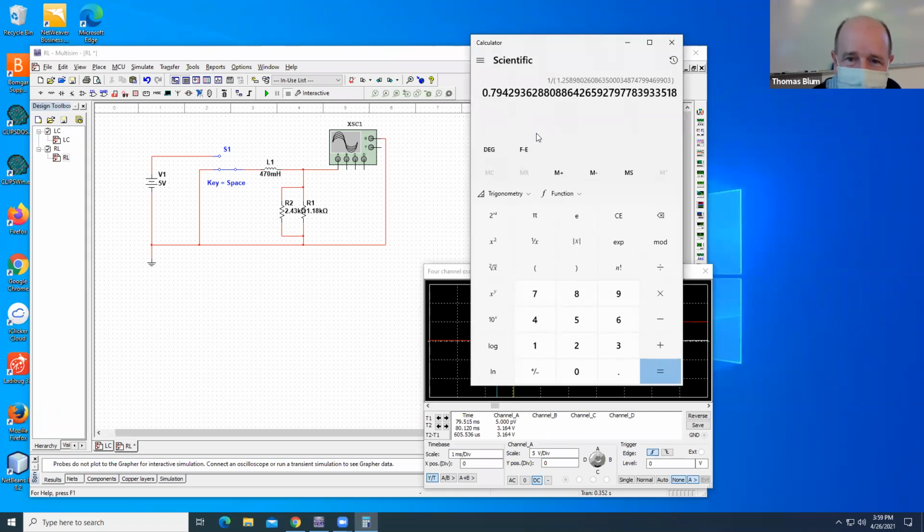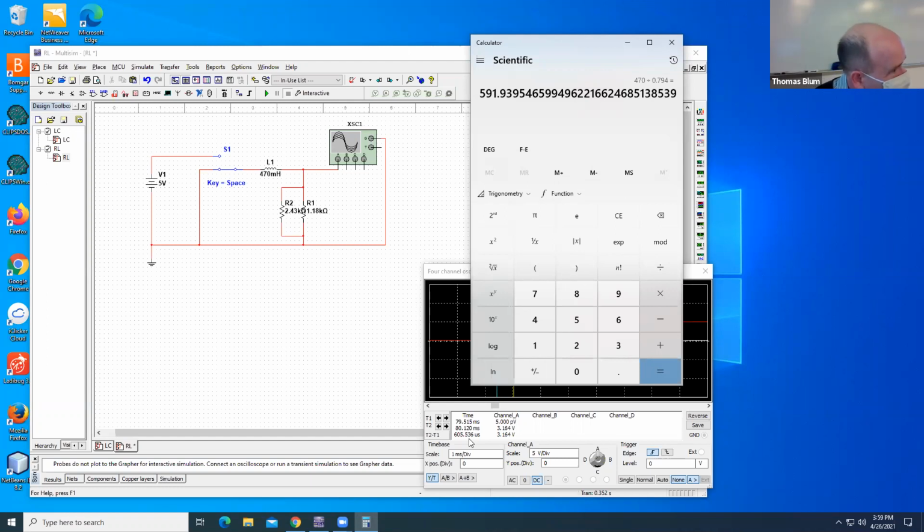And then it's L divided by that. So 470 divided by 0.794. Is that what I said? Somebody tell me if I was wrong. And I'm getting 591.9 for the new time constant. And the simulation was 605. So still good, same ballpark.